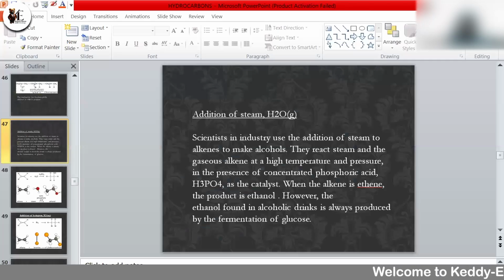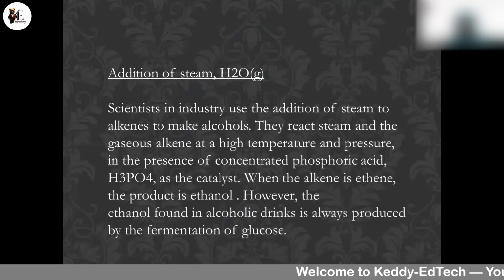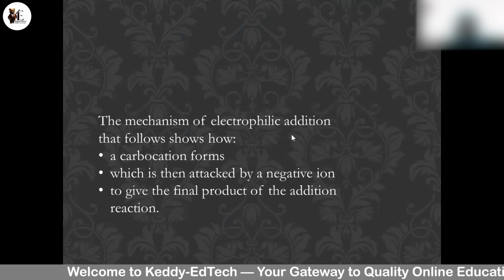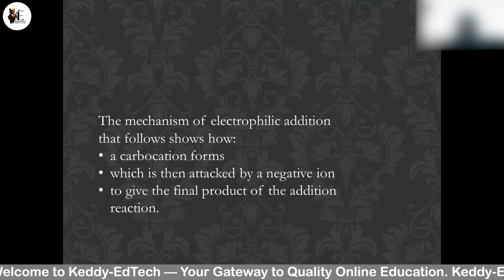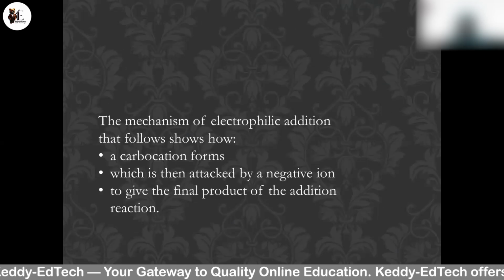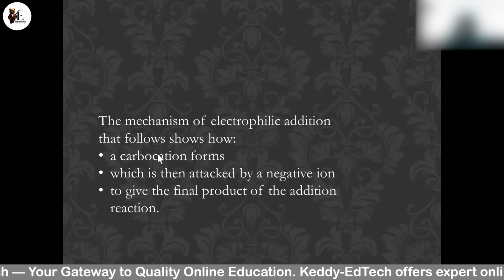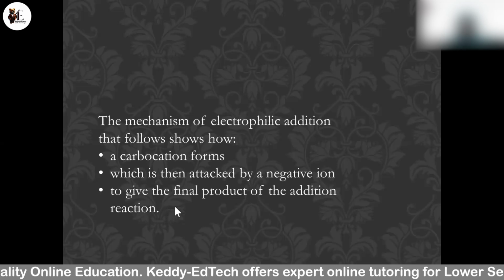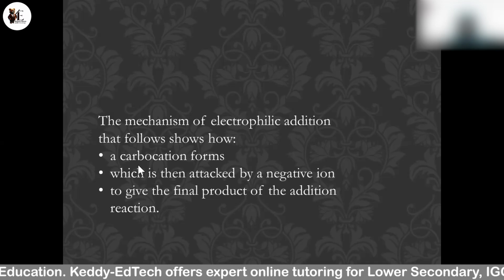Have we covered this addition of steam? Look at your notes. Tell me. No, I don't think so. Okay, so what we have done, I think this we have done: the mechanism of electrophilic addition is that a carbocation forms, then it is attacked by a negative ion, then it gives the final product of the addition reaction.